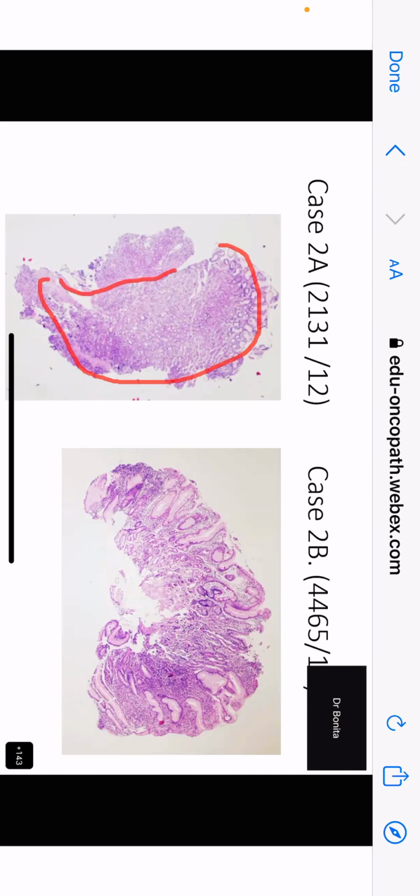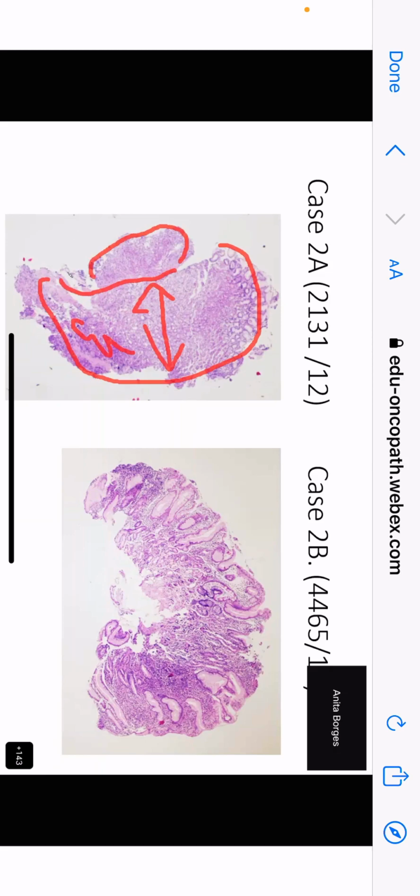And this part of it is all looking very normal. This is crushed at the bottom over here, so we can't see anything, but otherwise this is absolutely normal. And there is something else that we can see perhaps over here, which we will have to see what that is, because that is deep to the muscularis mucosae.